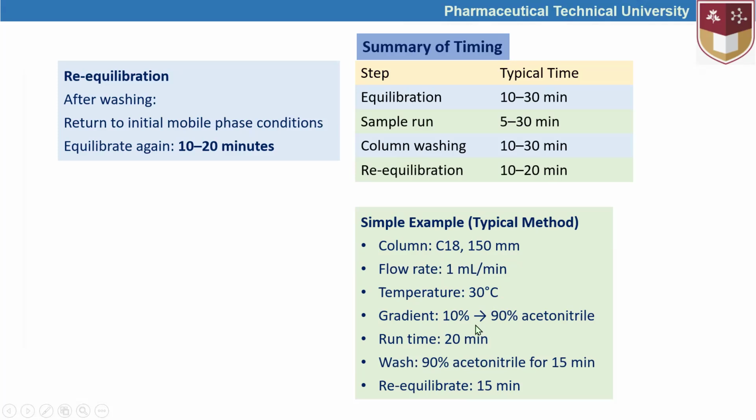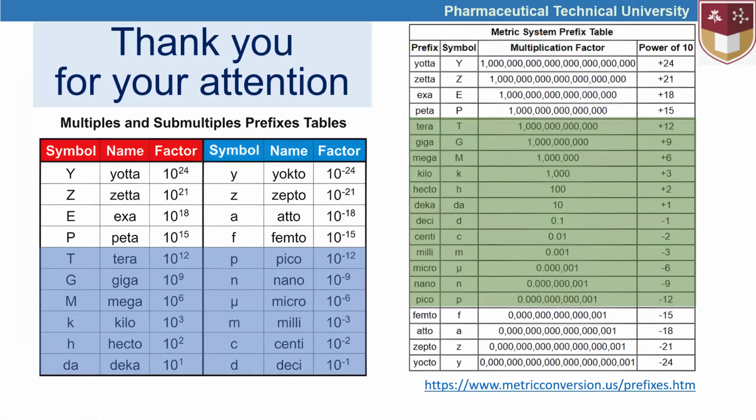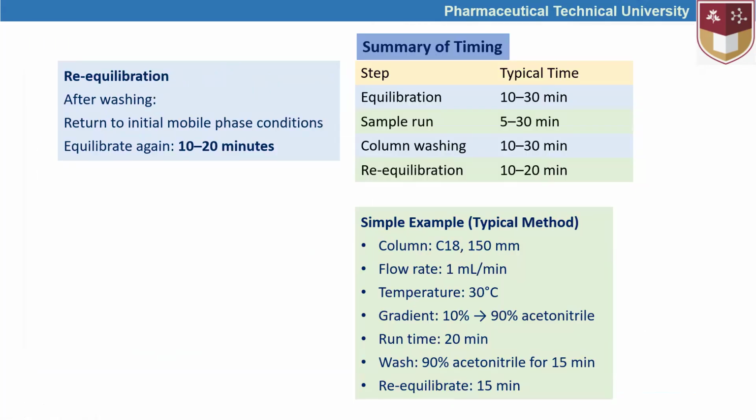The gradient of acetonitrile can be increased from 10 to 90%, and the runtime can be 20 minutes. It could be washed with 90% acetonitrile for 15 minutes and re-equilibrated for 15 minutes with the equilibration eluent system. These are all that I wanted to deliver to you.